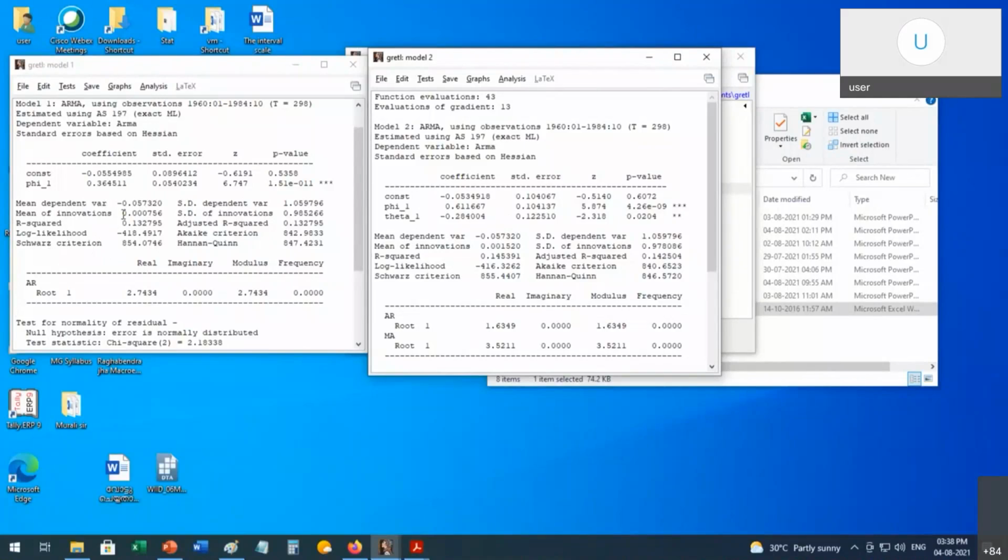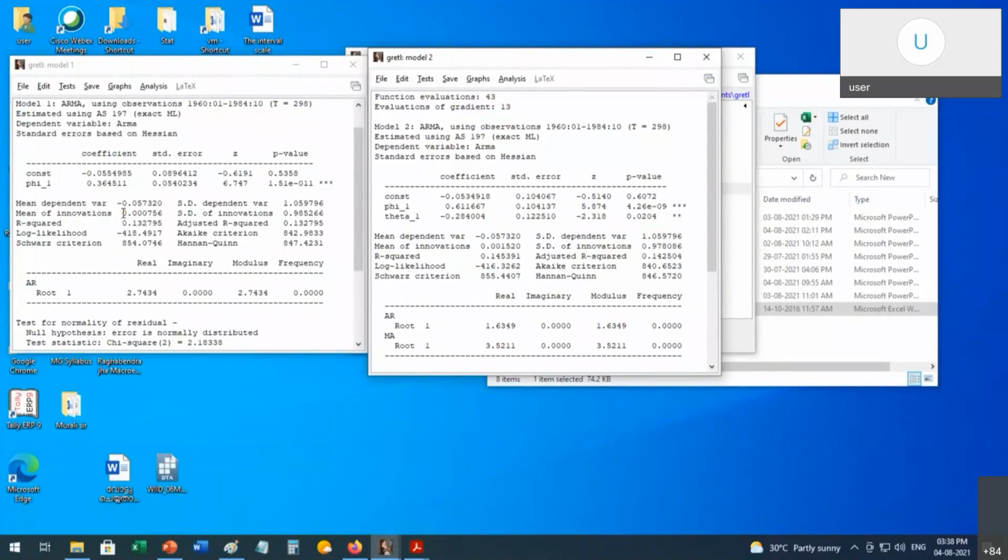And moreover, we have another criterion, that is parsimony. The law of parsimony is also called Occam's razor, saying that we have to select a particular model as simple as possible.